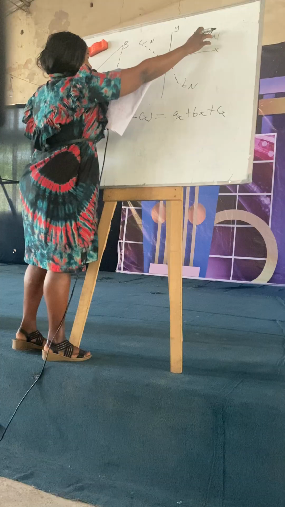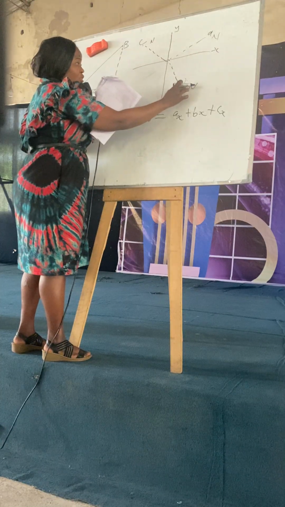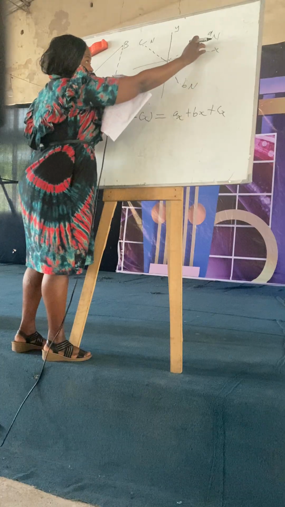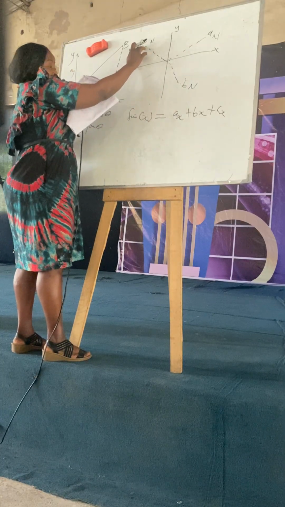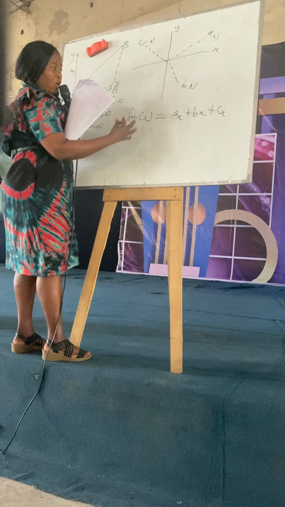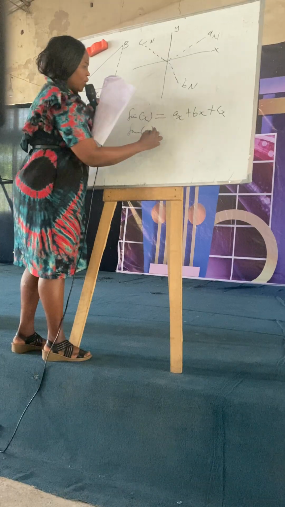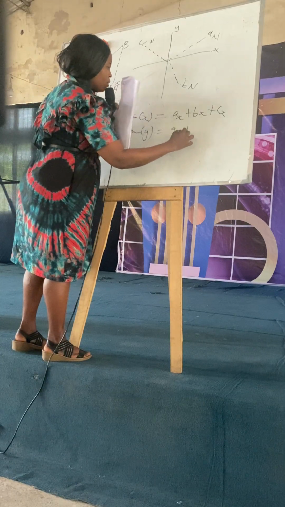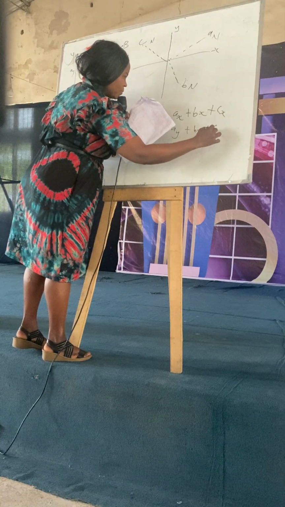You have to resolve A into horizontal and also into vertical. You also resolve B into horizontal and vertical, and C into horizontal and vertical. Then you also calculate the sum of your y, which gives you Ay plus By plus Cy.